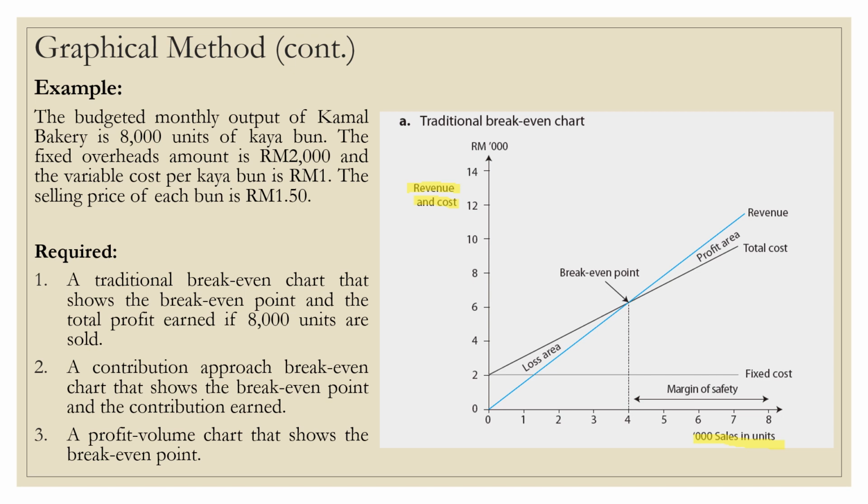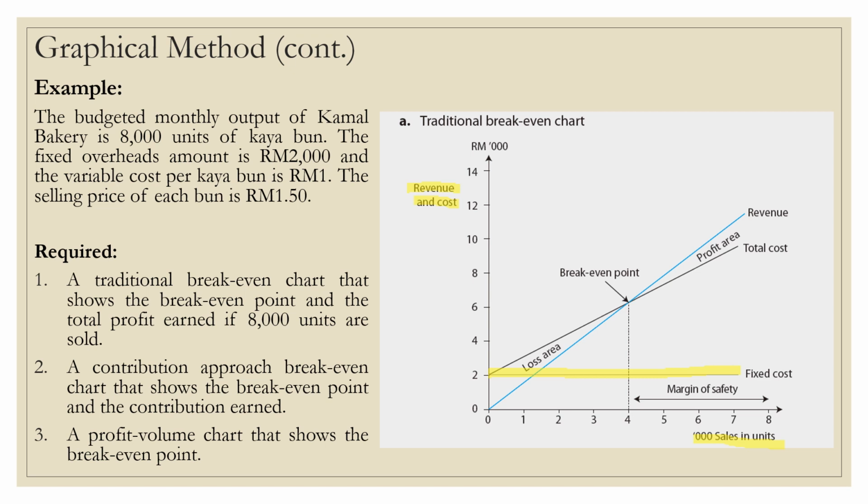Then the fixed cost of 2,000 is represented by a straight line parallel to the horizontal axis. So you can see here 2,000 on the vertical axis. So this is the fixed cost.